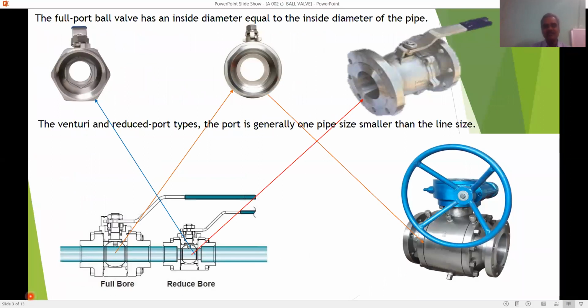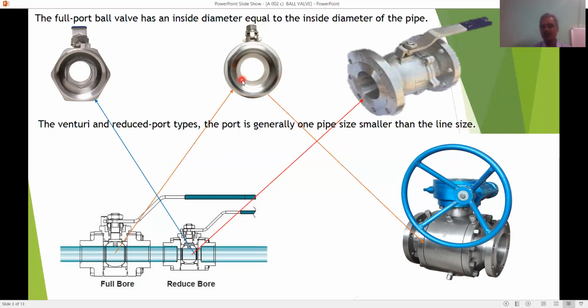Now the ball valves, there are two types. Reducing bore ball valve or full bore, full port, ball valve. You can see this diagram. This is a ball valve. This full port means through and through.